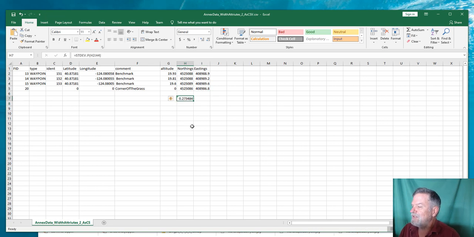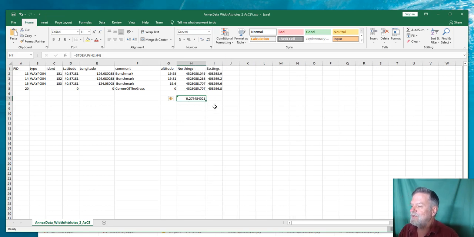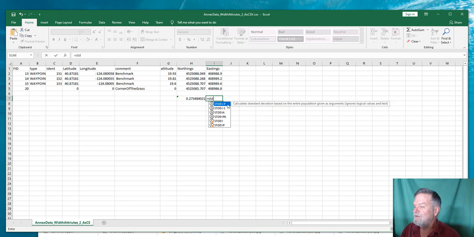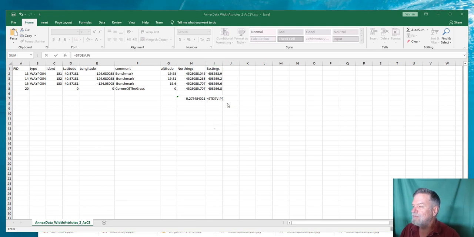And there's our standard deviation, which, wow, is pretty high. So that would be our measure of precision, not accuracy, but precision. In other words, how repeatable our numbers are. And they do look pretty repeatable. Wow, that's really good. Okay, then we can do the same thing for our eastings.